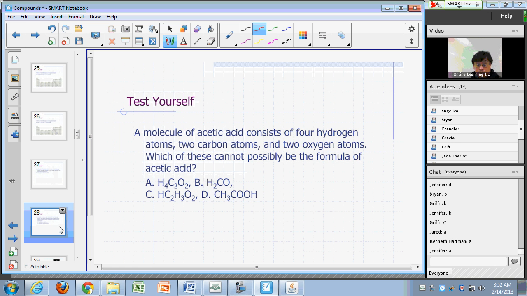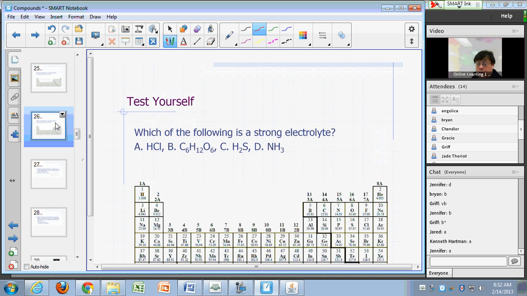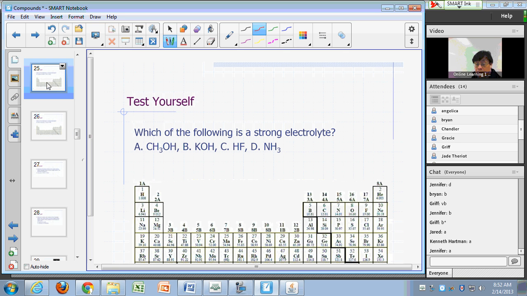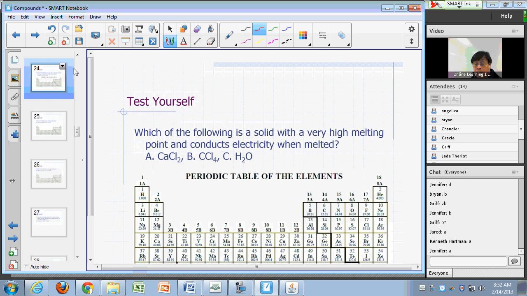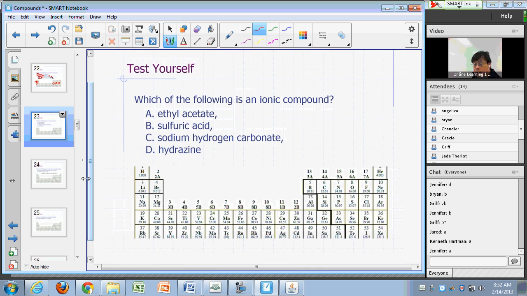Okay, let's just do one of these. Okay, which one of these is an ionic compound? This should be an easy one. A, B, C, or D?